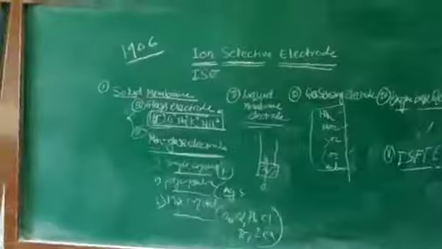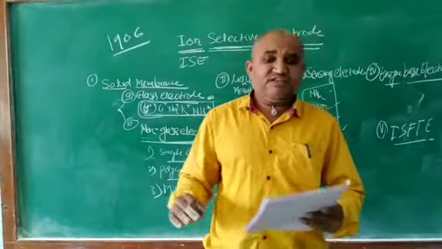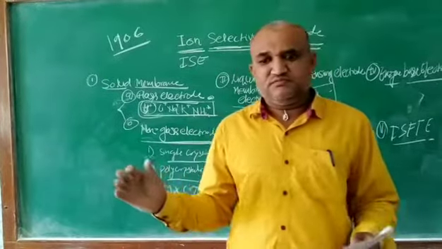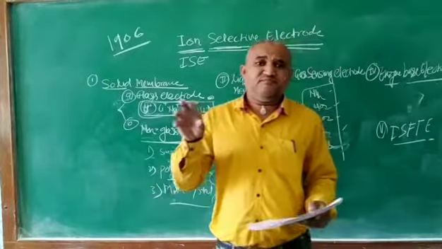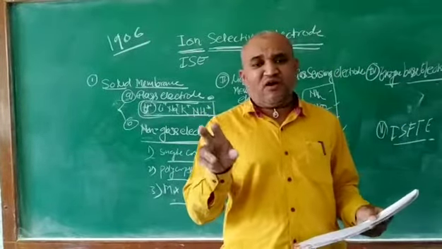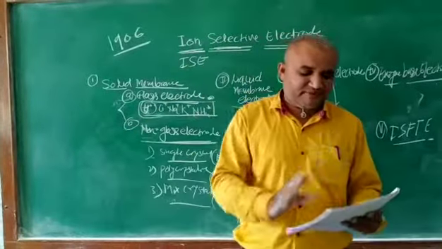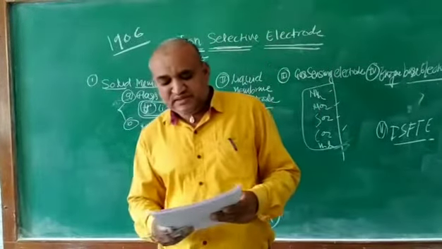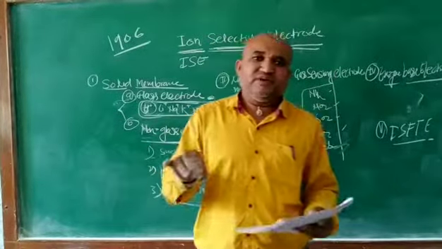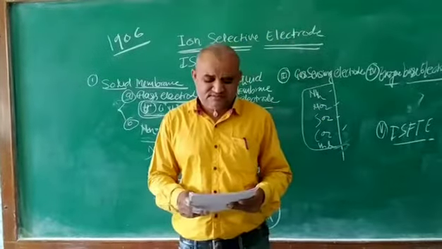The advantages of ion selective electrodes are: first, they are relatively cheap and easy to operate. We only fix the plug of the electrode into the instrument, hence it is easy to operate. Second, they are chemically resistant. We can put these electrodes directly into any chemicals and measure.